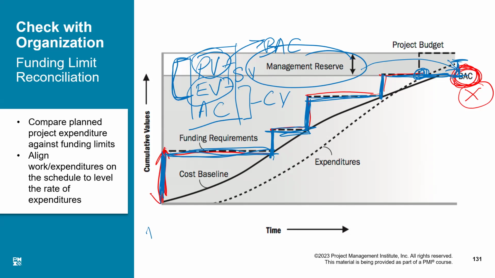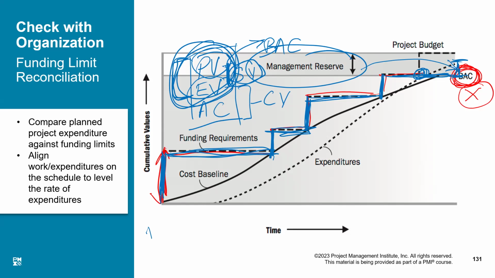Okay. So what should be the formula for schedule variance? I said schedule variance is the difference between earned value and planned value, right? The difference between these two is called the schedule variance. Agreed?